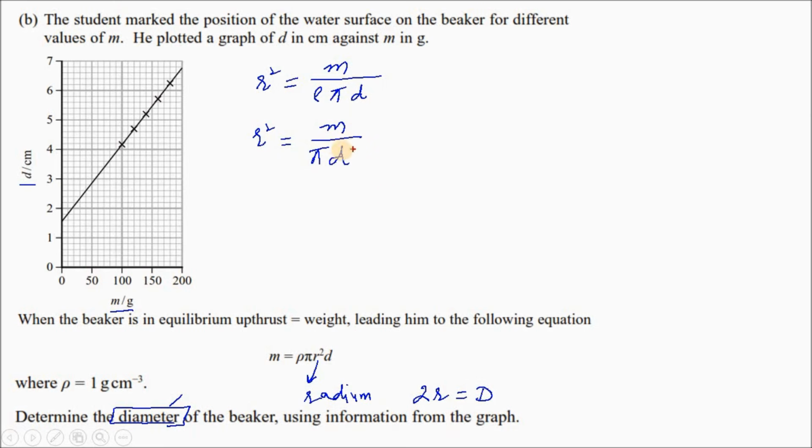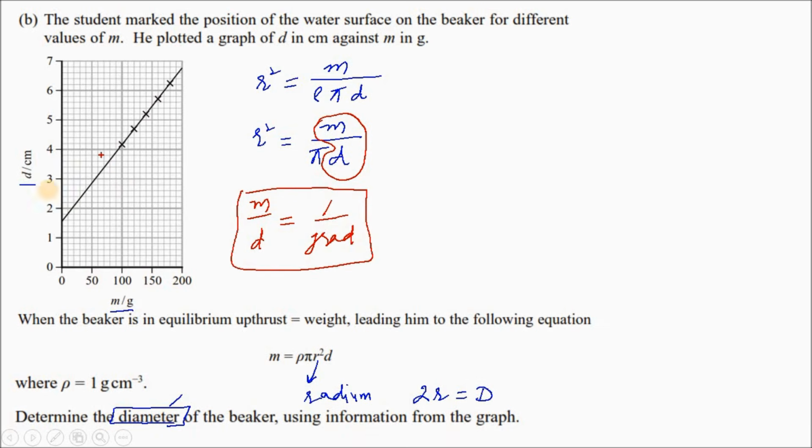Now you see here, let's see what is m upon d. If you see m upon d from the graph, so it's just for your information, m upon d is basically 1 upon the gradient of the line. And why is that? If you see the line, this is the graph between d and m, and if I ask you to find the gradient, the gradient of this line will be d by m.